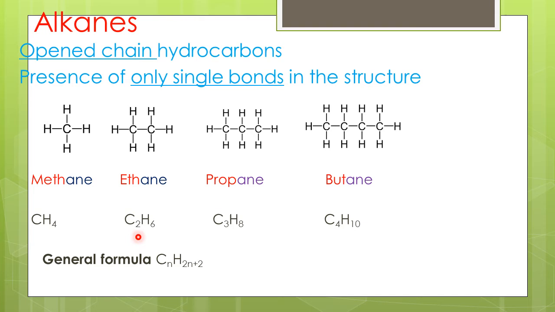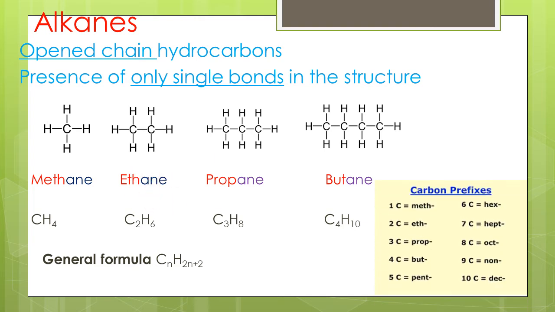Now let us talk about its name. Its name is ethane. Eth is the prefix for the structure having two carbon atoms and ane indicates it is an alkane, or that all the bonds are single. Particularly for alkanes the suffix is ane.